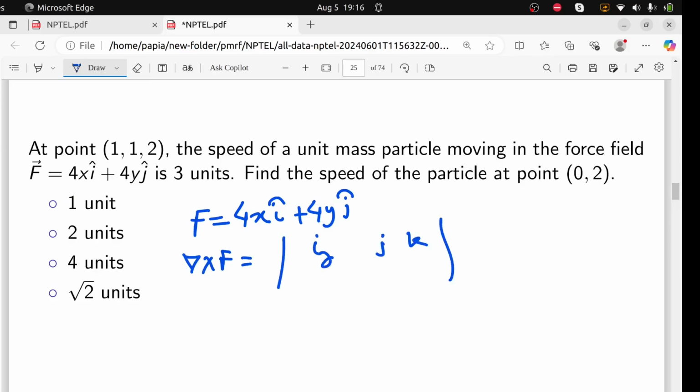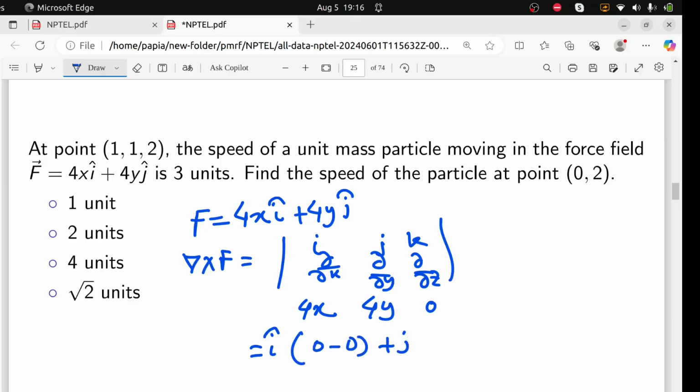To know whether it is conservative or not, I will calculate the curl of F. 4x, 4y, 0. So now you can see this is 0 minus 0 plus j cap, 0 minus 0 plus k cap, 0 minus 0. So it is 0. So curl of F equals 0, and what is given?